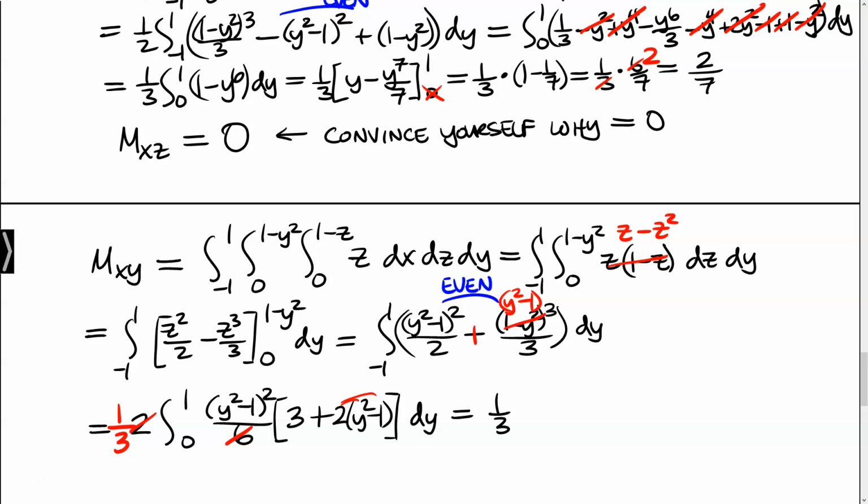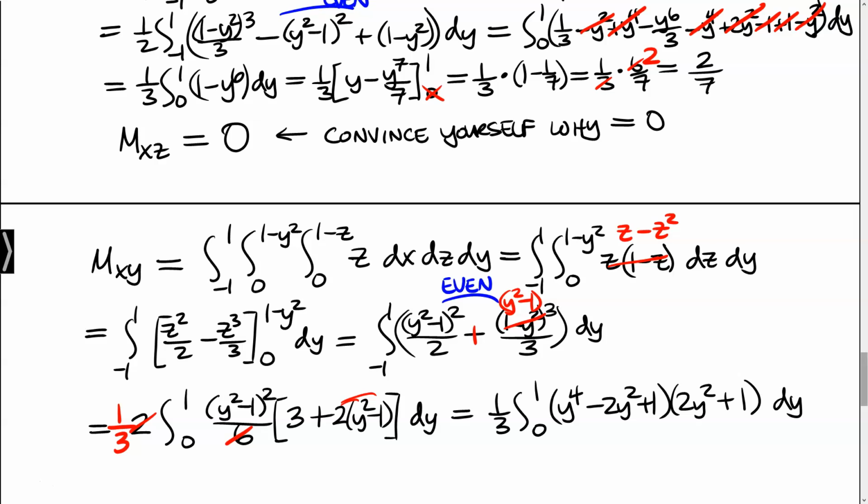Okay, so we got 1/3, 0 to 1. Okay, so I'm going to square that. It's y to the 4th minus 2y squared plus 1 times, and this is going to be 2y squared, and then we've got minus 2 plus 3. So that's going to be 3 minus 2 is 1, plus 1.